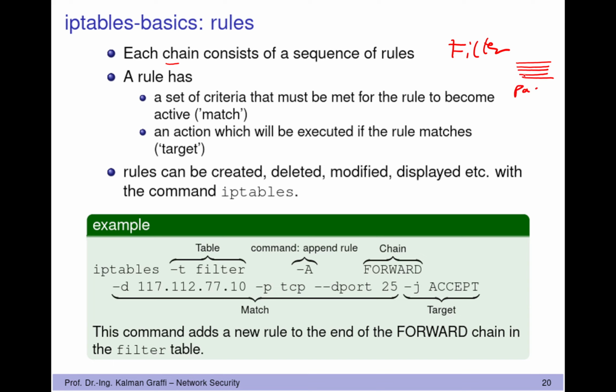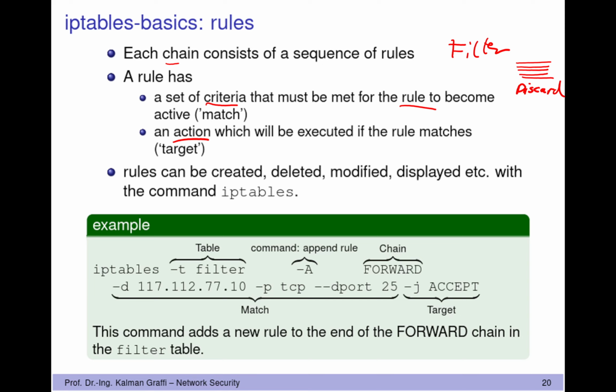And if no rule applies, then at the end there's the discard rule, which basically throws the packet away if in previous rules it has not been decided to forward this message on. So basically we have to put our criteria in some kind of rules, in individual lines in the filter table, and if one of the criteria matches, then the corresponding action needs to be executed when the rule matched.